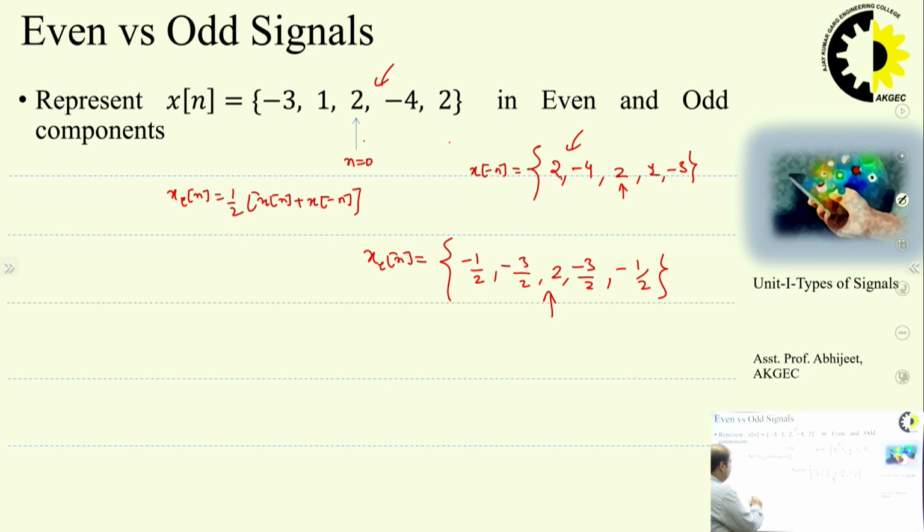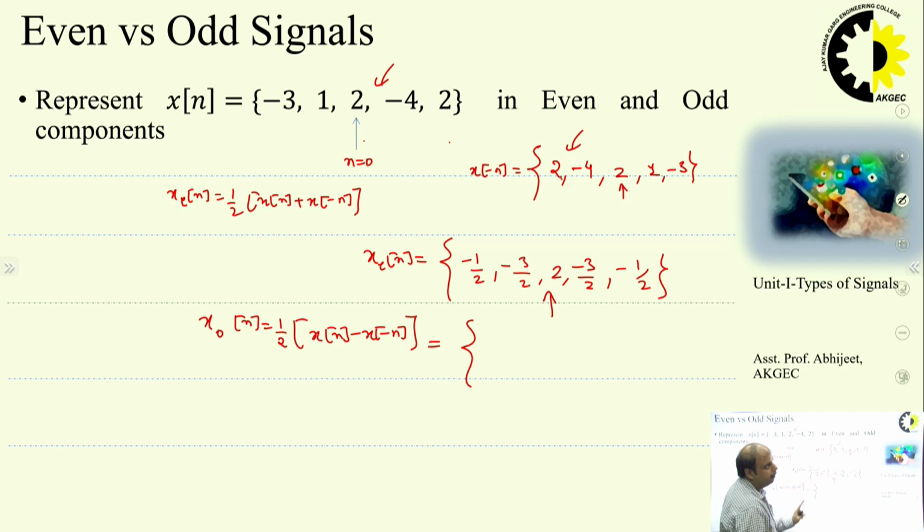What will be the odd component? The odd component x o of n by definition is half of x of n minus x of minus n. So in this case, we need to subtract this from this. What will this be if we do that? The first signal is minus 3 at n is equal to minus 2, and this signal is 2.